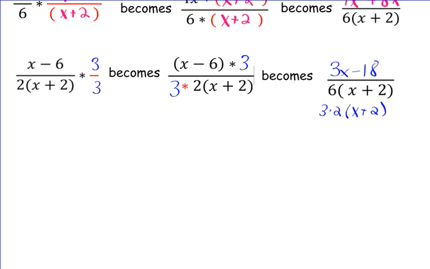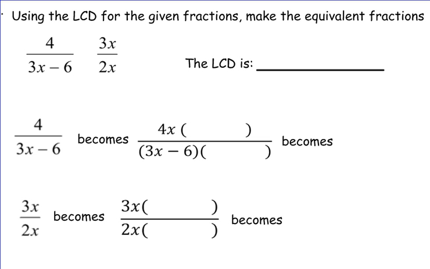So let's do another one. Using the least common denominator for the given fractions, make the equivalent fractions. Well, I'm going to factor my denominator: 3 times x minus 2, and then I have 2 times x. I notice that my least common denominator is all the factors, so that's 2 times 3 times x minus 2.